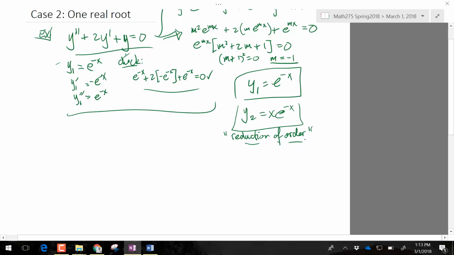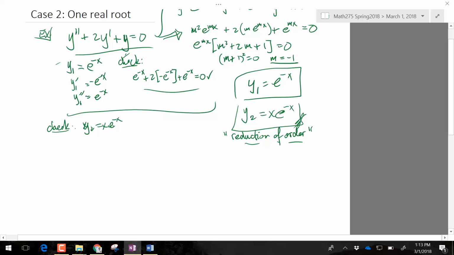You should try it in your own time. But we should make sure that this works, right? So we'll check to make sure that y2 equals x e to the minus x works.